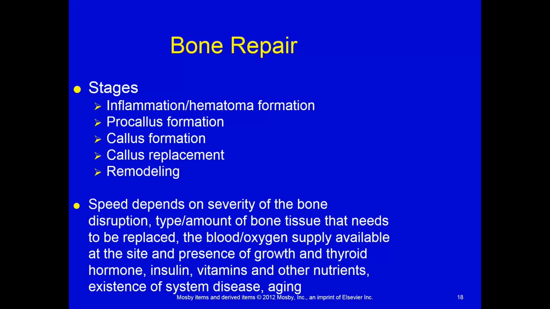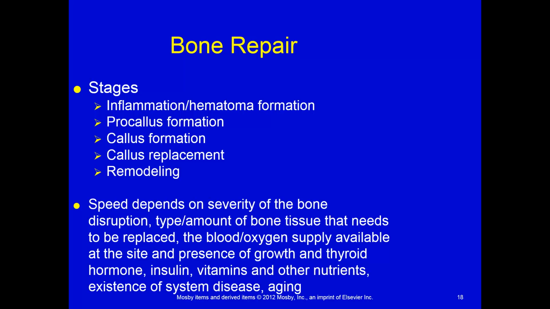We need remodeling to occur to make it look pretty again, and not have all of this increased osteoblast activity at that site causing an abnormality or a strange structure of the bone.